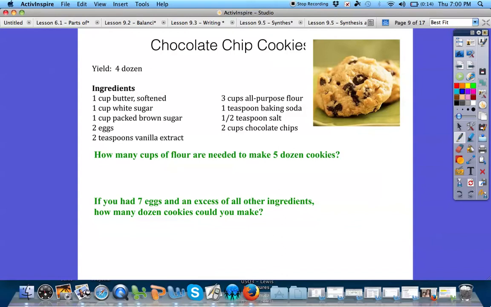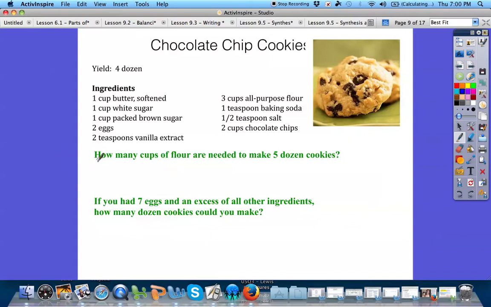And so you need to adjust your recipe appropriately. So we're going to start with 5 dozen cookies. That's the number and unit that we're given. And we want to know how many cups of flour. It's not an easy multiple of 4, so we kind of need to do some rearranging.